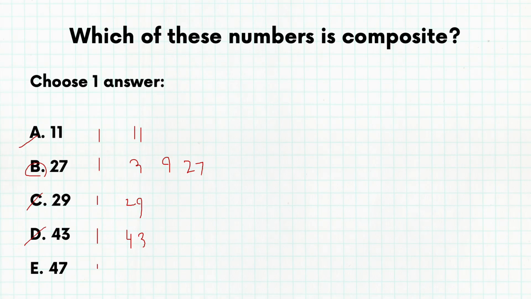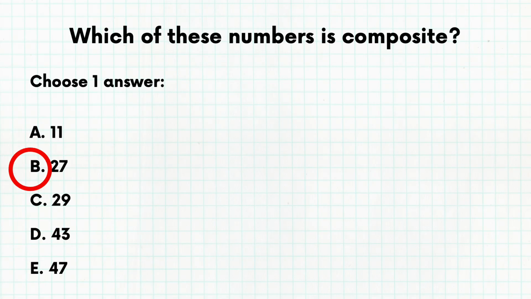And 47 also 1 and 47. Only 47 itself can divide 47. So this is not a composite but prime. So the answer is B. Yes, the correct answer for this one is B. 27 is the composite number.